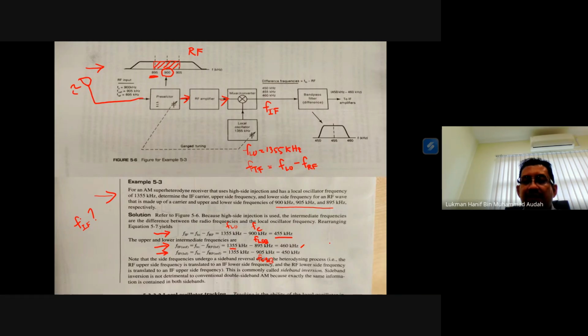So I get 450. Therefore, I'm going to produce IF frequencies centered at 455, with 450 over here and 460 over here, kilohertz.